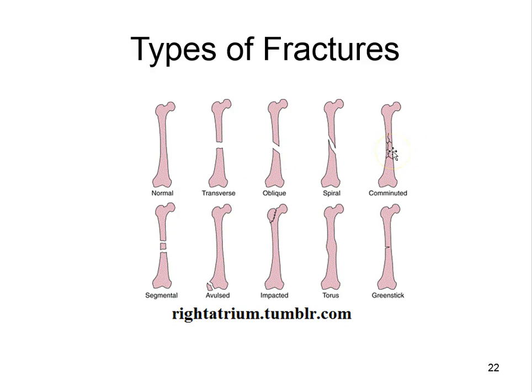Comminuted means it's shattered. Segmental, as you can see, there are segments. Avulsed, when you have a bone fragment and it's torn away. Impacted, right here, the fractured ends of the bone are driven into each other. A torus and a greenstick. The bone is partially bent and split.